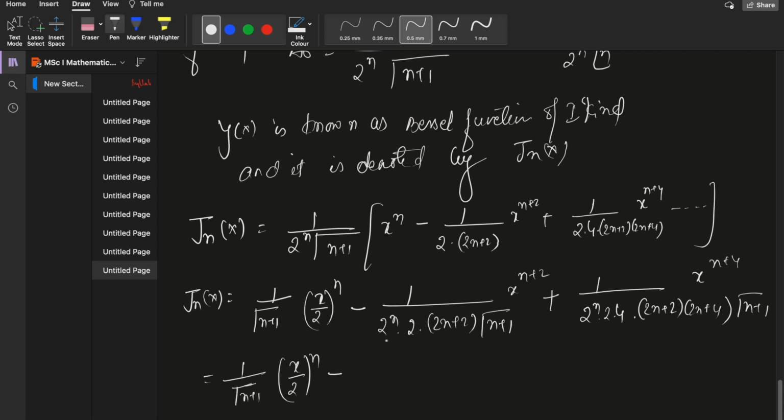So on the combination of both these, this will give me 2 to the power n plus 2. All right, so we have summation multiply of 1 upon gamma n plus 2 because 2 I had taken common, gamma n plus 1, x upon 2 to the power n plus 2. All right, 2 to the power n is here, so n plus 1, and we had taken common 2 from this factor, so this will give me 2 to the power n plus 2.